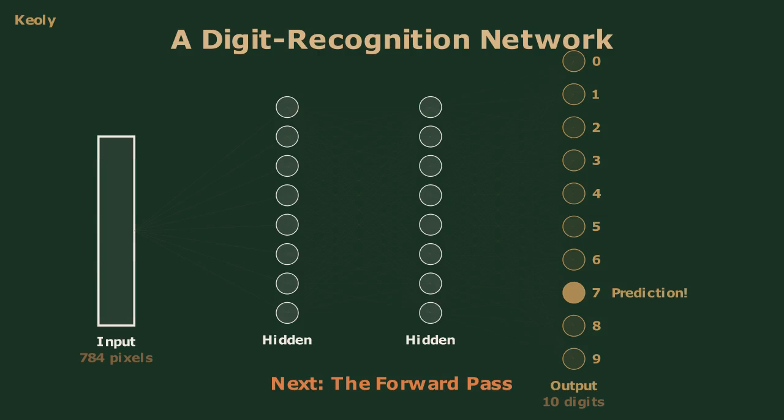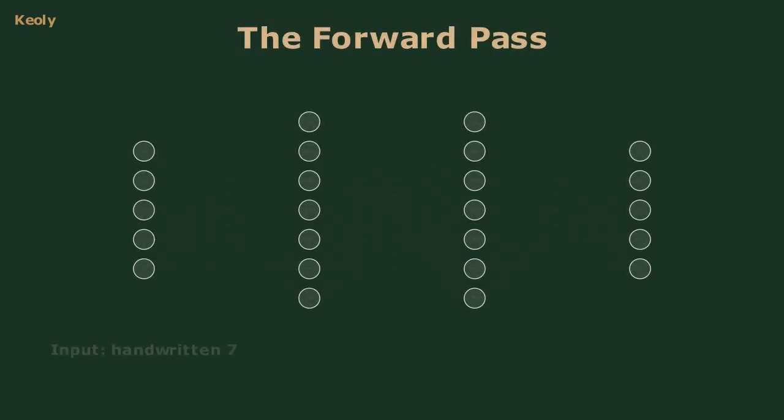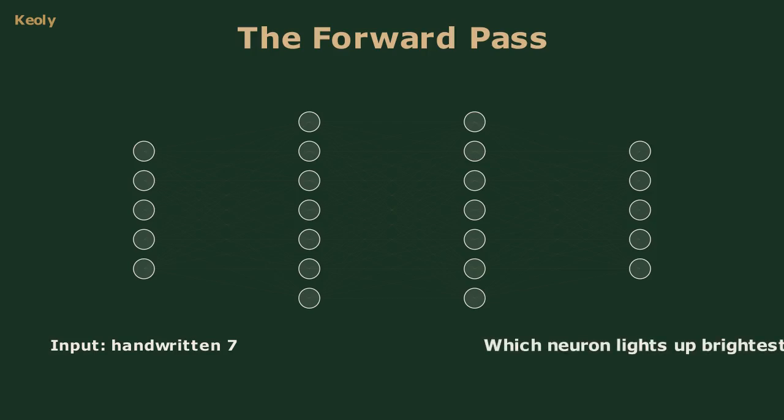Every learning cycle starts with what's called the forward pass. We feed an image into the network, a handwritten 7. The pixel values flow from left to right, through every layer, through every neuron. Each neuron fires or stays quiet based on the weighted sum of its input.